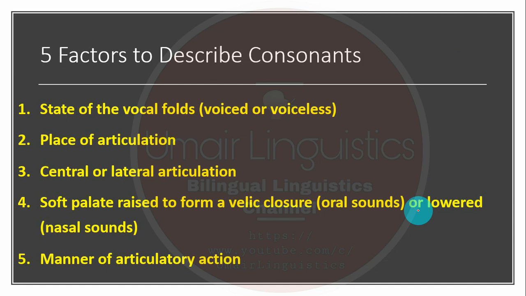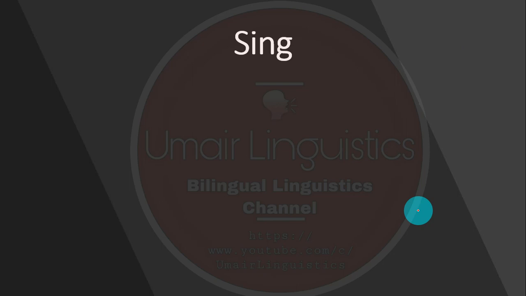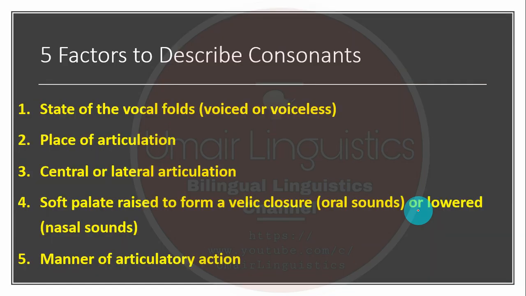And what is the manner of articulation? As we have just discussed, it may be a stop, fricative, affricate, or something like that. So let's discuss this word sing. First of all, the state of the vocal folds: at the beginning of the word sing, s is voiceless. Then the place of articulation: s is alveolar ridge.